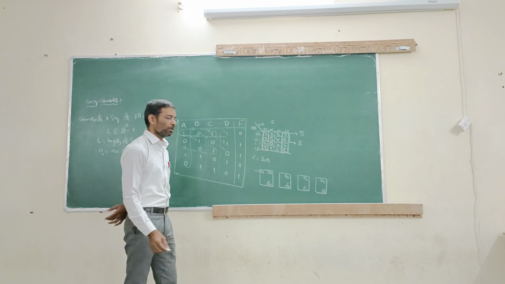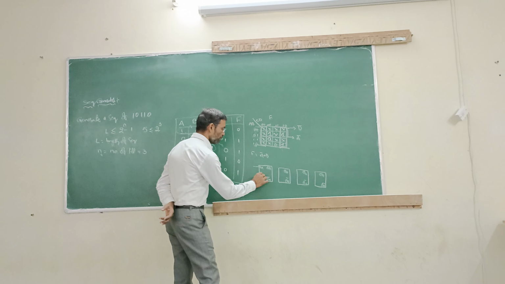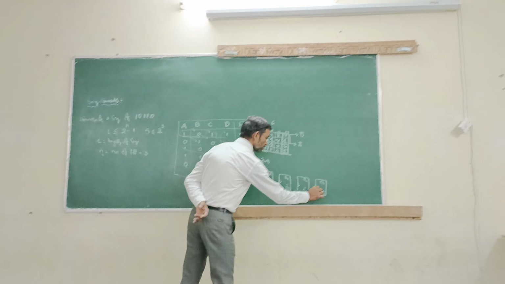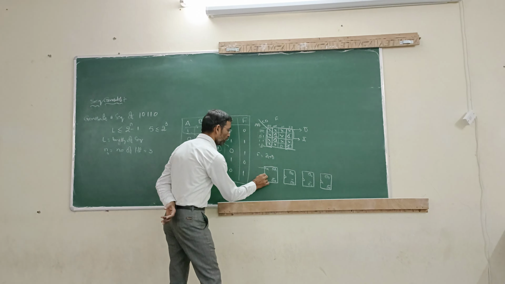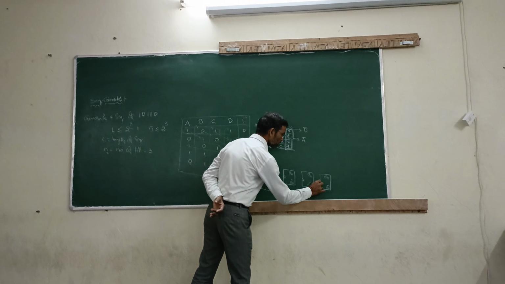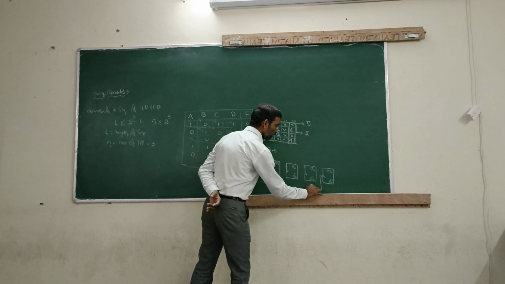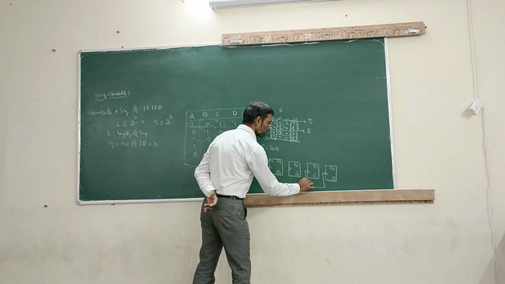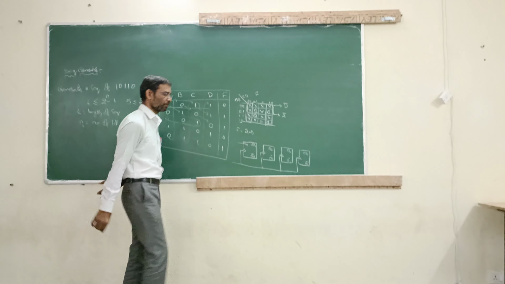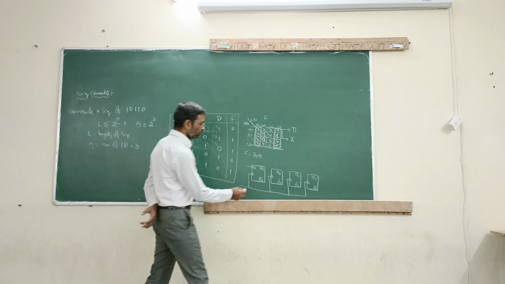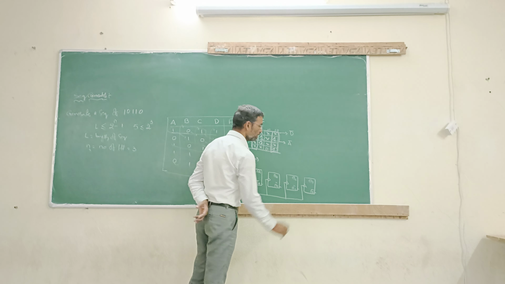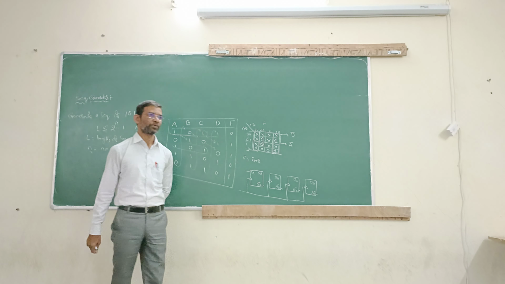Okay. Here we are going to use sequential circuits. Okay. And here we are considering a negative edge clock signal. Here we have to use a clock signal. Okay. This is nothing but QA bar, QB bar, QC bar, and QD bar.